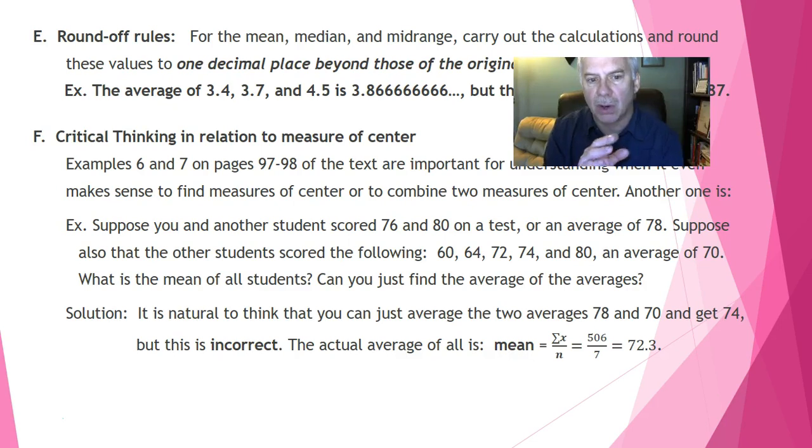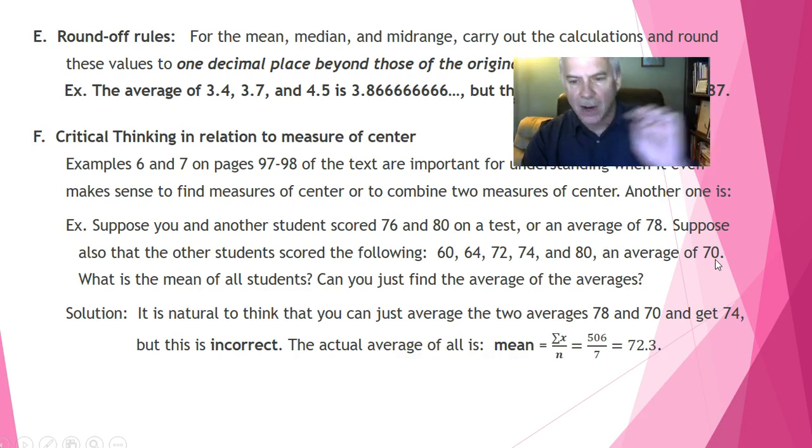Now suppose all the other students in the class have the scores 60, 64, 72, 74, and 80, and all of those averaged out to 70. So you and another student had an average of 78, but the 5 other students in the class had an average of 70.